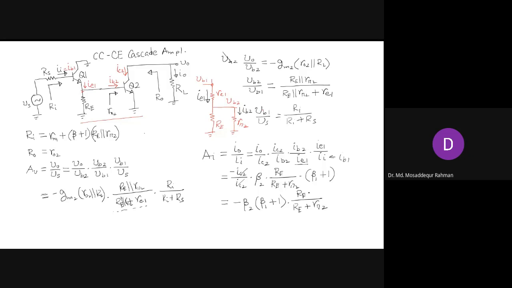So that will be our overall current gain, which is basically the same as before, but with this additional factor, right? Because of the emitter resistance we have added to Q1, that will take away some of the current from IE1, right? So there's some reduction in the overall current.